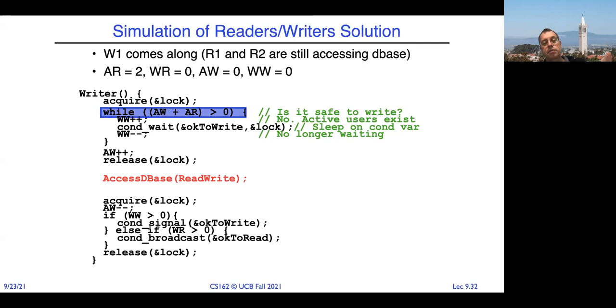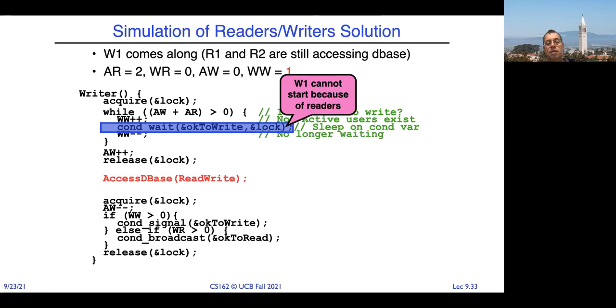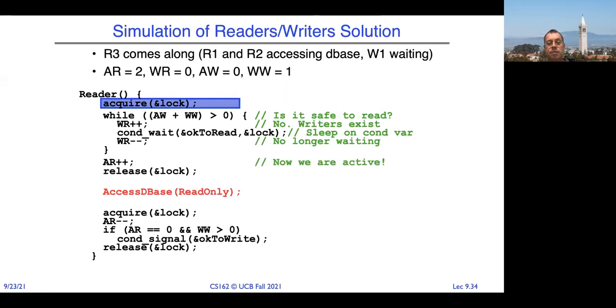There are 2 active readers, no active writers. Still, because there are 2 active readers, the writer cannot proceed. So you increment the number of waiting writers, because now you have to wait. You wait on the OK to write condition variable, and you release the lock. So W1 cannot start because of the readers.